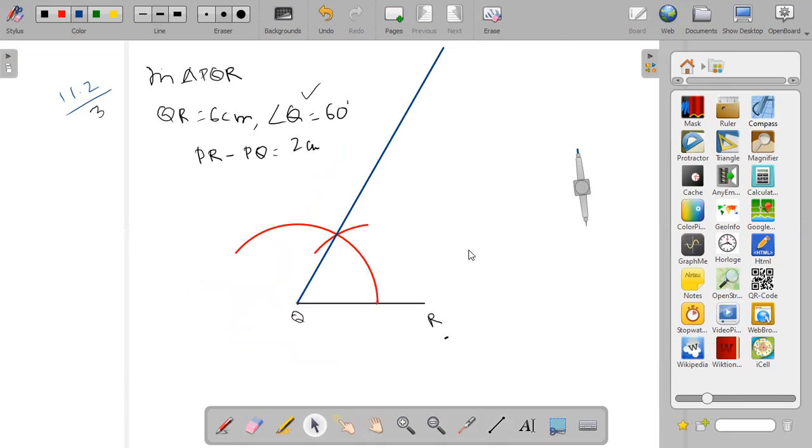Now you have to extend this line to this side, the other side. You can say this is x dash or y dash. This is suppose y and y dash.